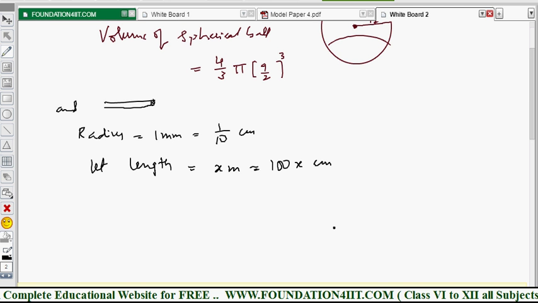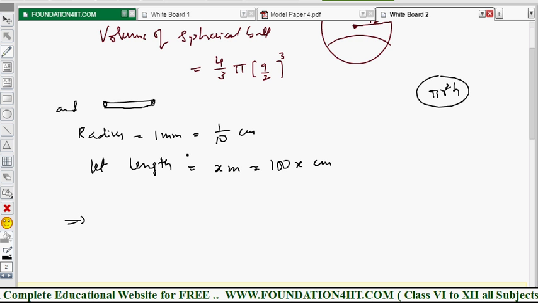Now according to the question, the volume of the spherical ball equals the volume of the cylinder. The volume of the cylinder is pi r square h, right? Here h is nothing but the height, that is the length.